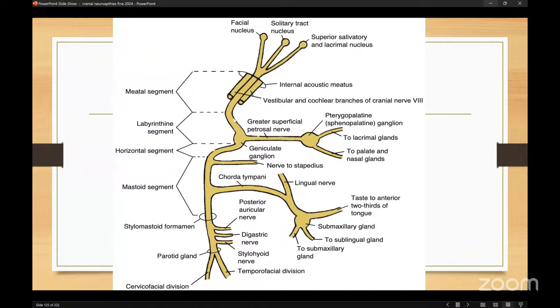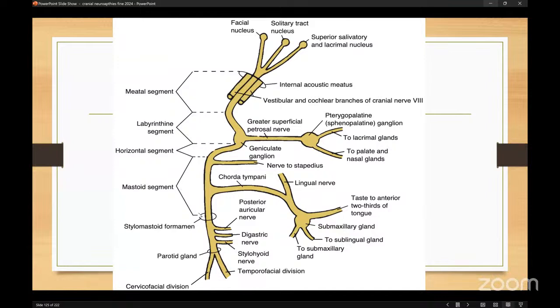At the end of the labyrinthine segment, it gives off a branch called the greater superficial petrosal nerve, which goes to the pterygopalatine ganglion supplying the lacrimal glands. Then comes the horizontal segment, which is beyond the geniculate ganglion. At this level you get the nerve to stapedius.